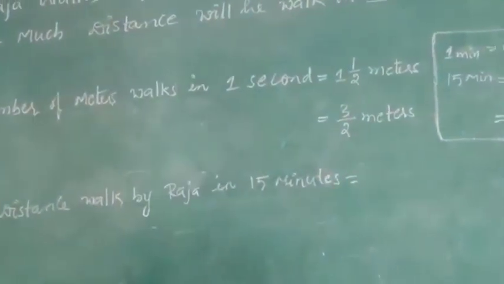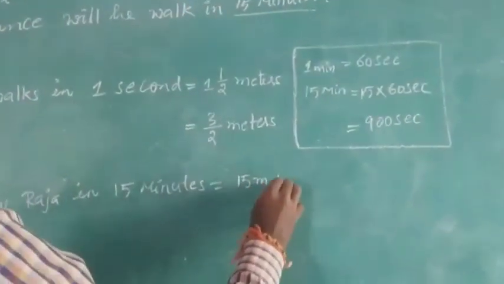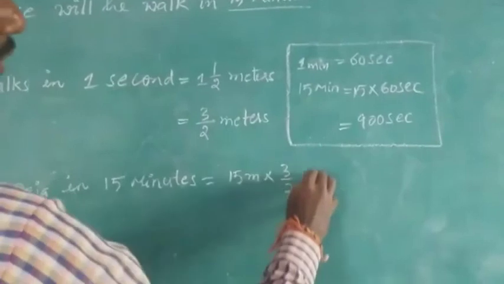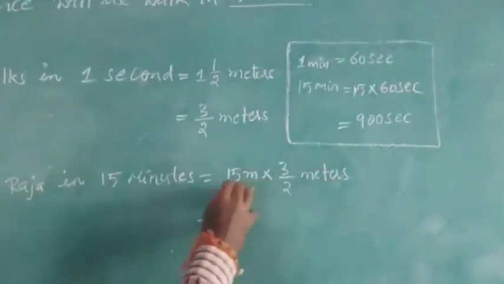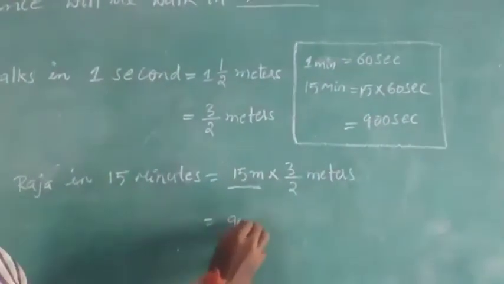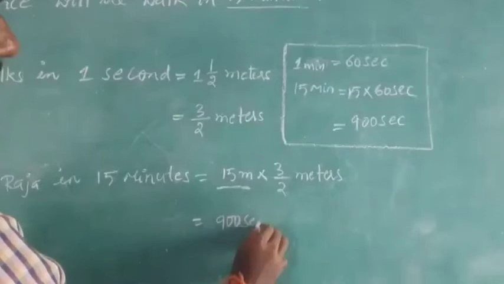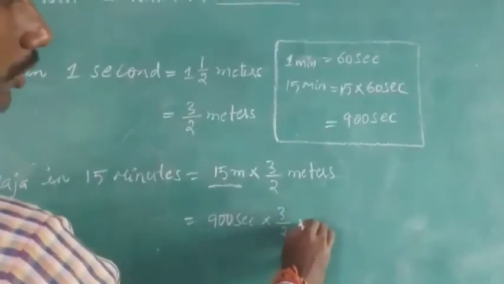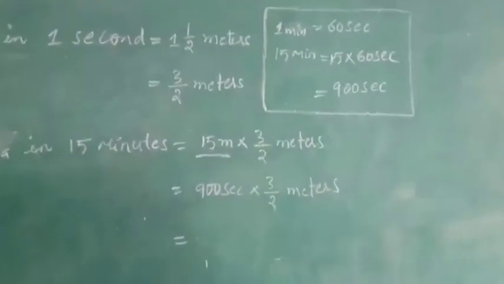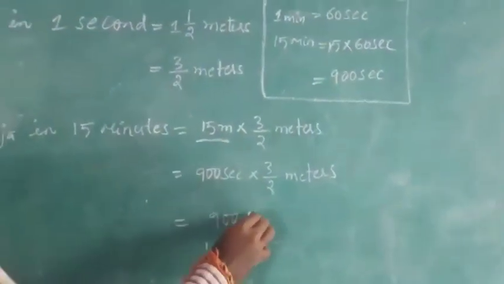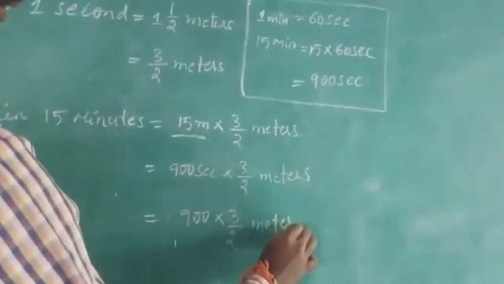It means you multiply 15 minutes into 3/2 meters. We already changed the 15 minutes, so 900 seconds into 3/2 meters. So you can write 900 into 3/2 meters.